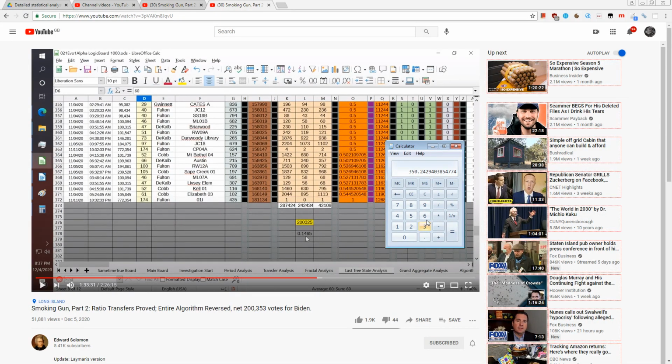So the percentage on the wheel is not going to be the same, because the real Trump total is 350.24. The Trump total that appears and then is split up across the precincts is actually 350.